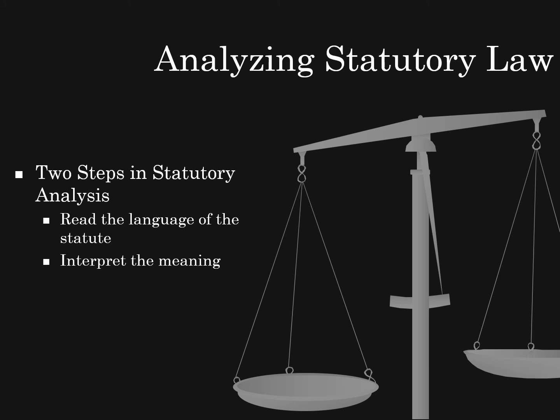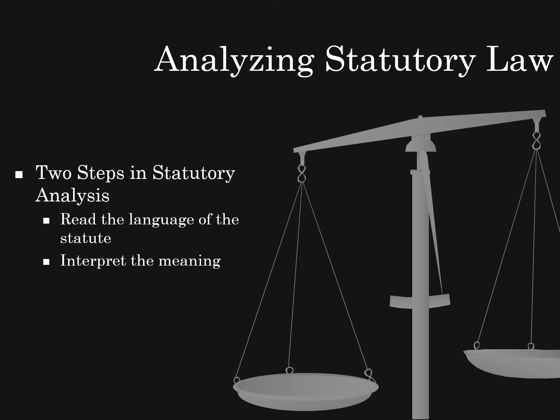The United States Code has the federal statutes, the codification of the federal statutes. And that's the official code. You also have the USCA, which is the United States Code Annotated, and the USCS, which is the United States Code Service.